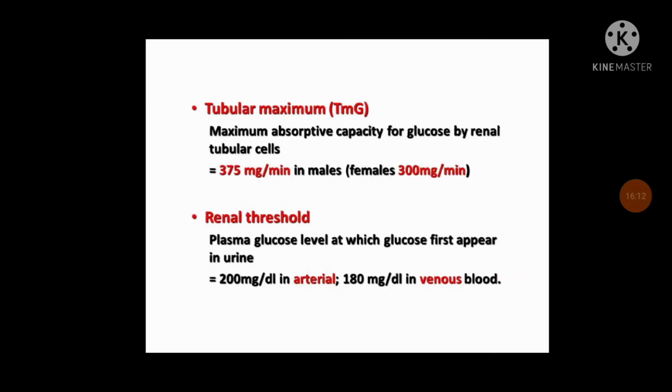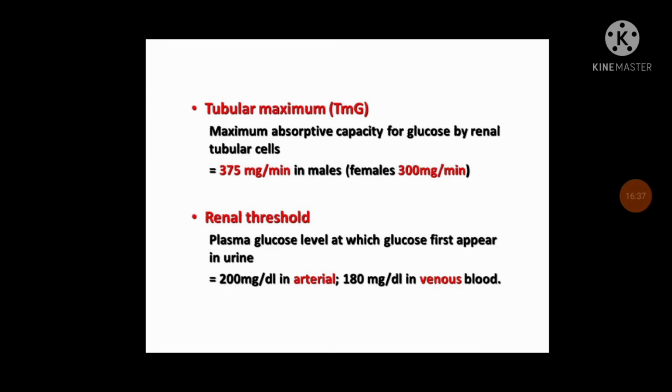So what is tubular maximum for glucose? The maximum absorptive capacity for glucose by renal tubular cells is around 375 milligrams per minute in males, and for females it is 300 milligrams per minute. And what is renal threshold? It is the plasma glucose level at which glucose first appears in the urine.